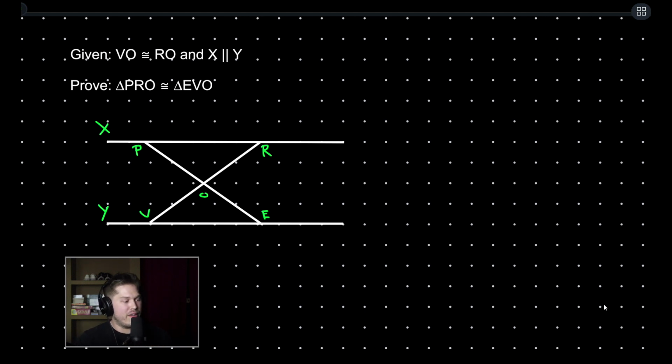Okay, here we have the given that VO is congruent to RO and that X is parallel to Y. Okay. We have our statements and we have our reasons.